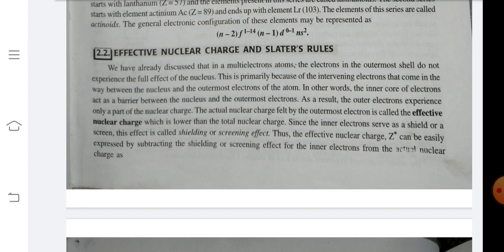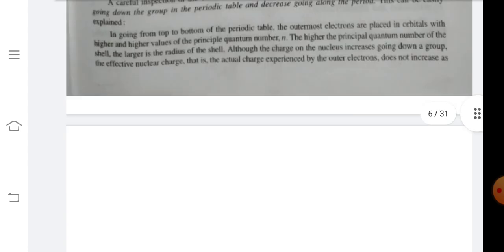As a result, the outer electrons experience only a part of the nuclear charge. The actual nuclear charge felt by the outermost electron is called effective nuclear charge, which is lower than the total nuclear charge. Since the inner electrons serve as a shield or a screen, this effect is called shielding or screening effect. Thus, the effective nuclear charge can be easily expressed by subtracting the shielding or screening effect of the inner electrons from the actual nuclear charge.